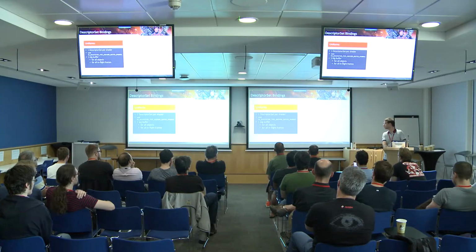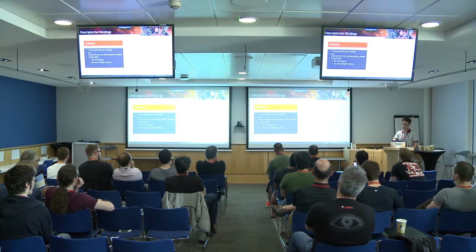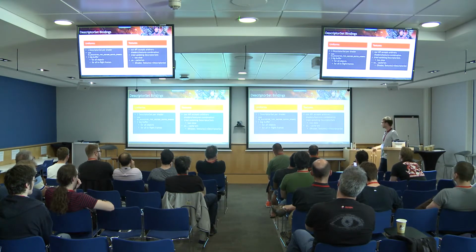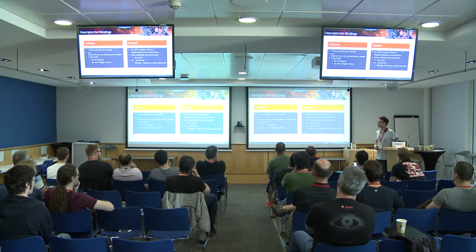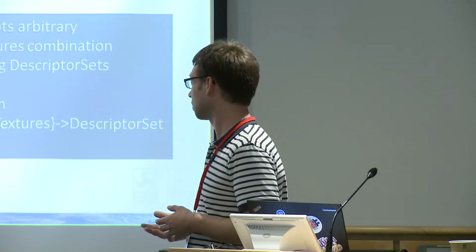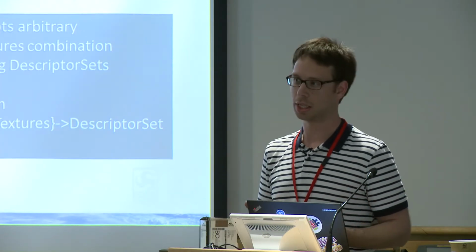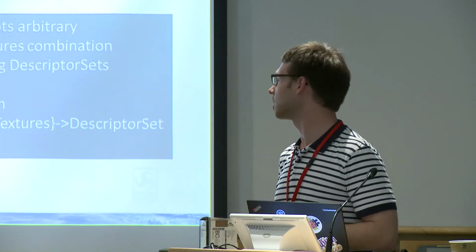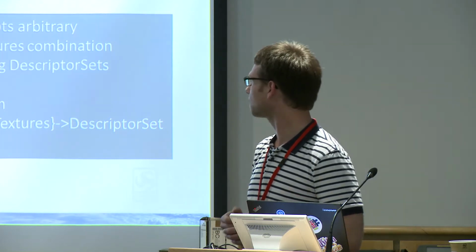As I said, for textures we have a different solution because we can't really use the dynamic offsets here. Our problem is that our API basically accepts arbitrary shader and texture combinations. So in one frame you could use one shader with one texture, and in the next frame with different textures.